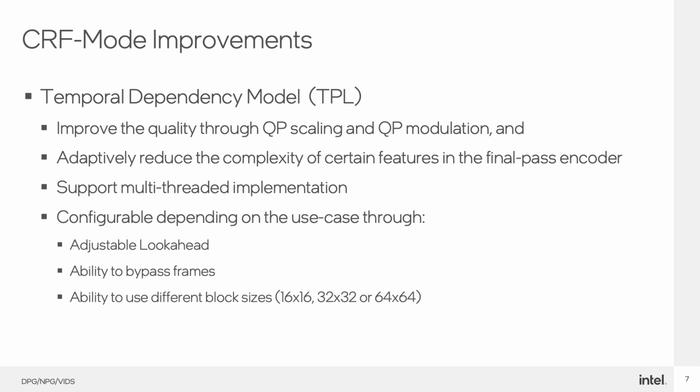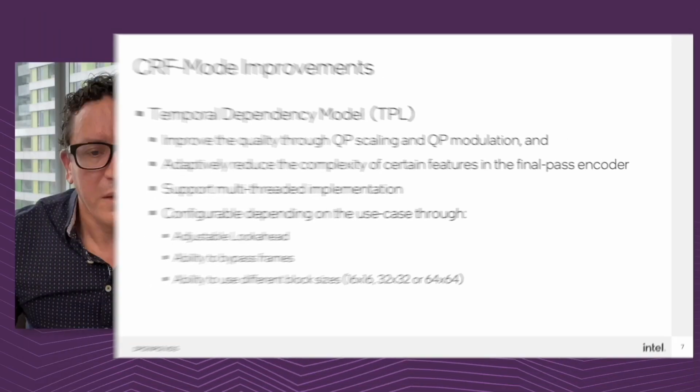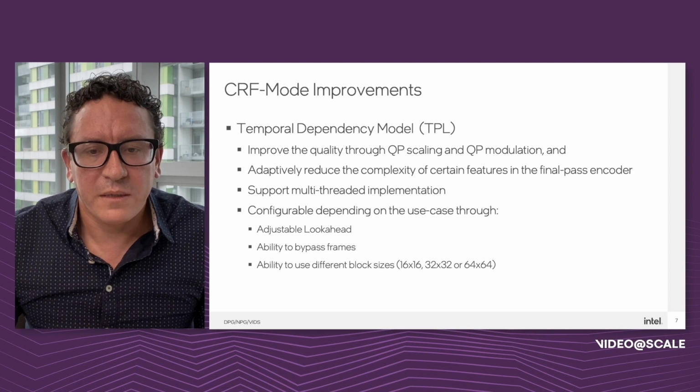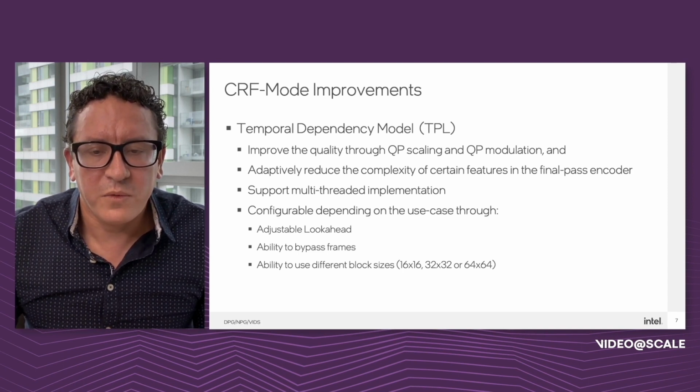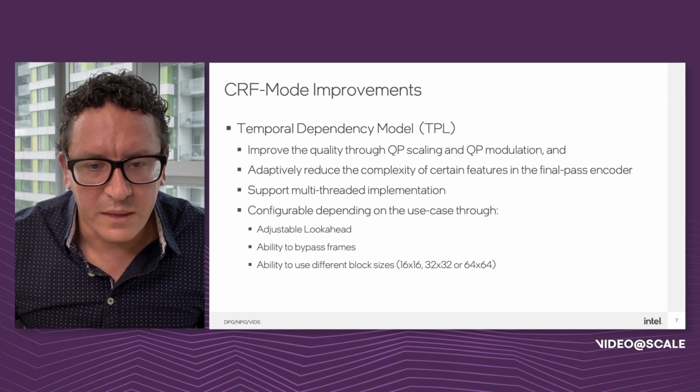TPL information is also used to reduce the complexity of some expensive algorithms in the mode decision, in a way that a fast version of the feature is used for low propagated areas, and the full version of the same feature that provides a higher quality is used in highly propagated areas. We also finalized the multi-threaded implementation of this feature, and we made it configurable depending on the use case.